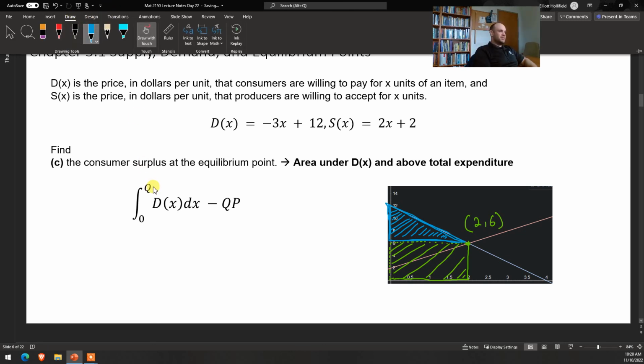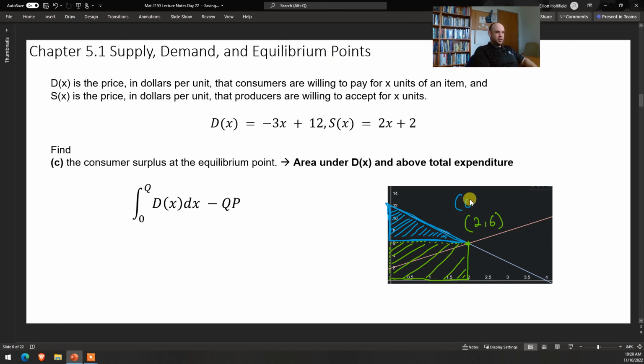Now we can write this down. We have our ordered pair, Q comma P is (2, 6). Therefore, we're integrating from 0 to 2 the demand function, minus 3x plus 12. And then we subtract the multiplication, Q times P. We subtract 12.